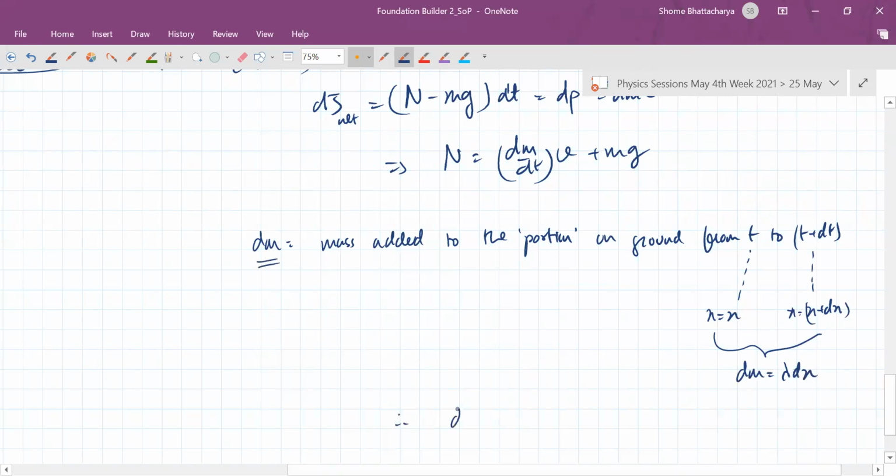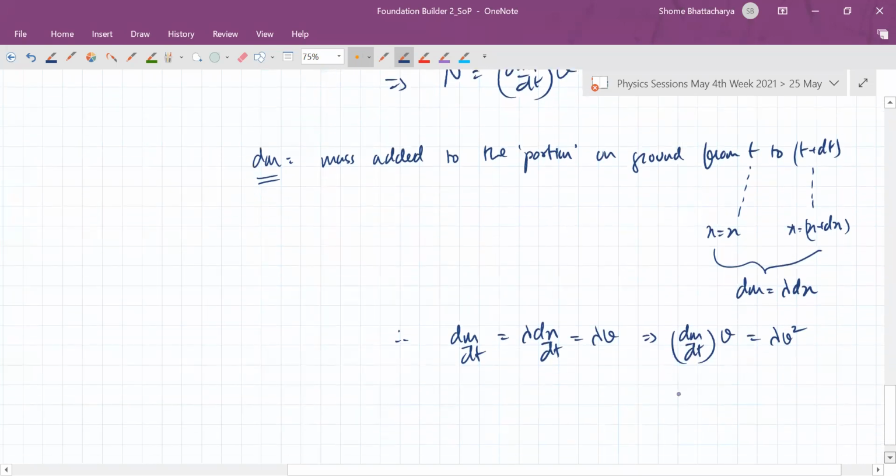Therefore, this term dm by dt is equal to lambda dx by dt, which is nothing but lambda into v, because v is the rate at which the chain is falling to the ground. So hence, this term dm by dt into v actually becomes lambda v square.